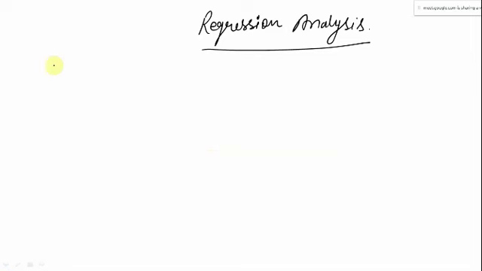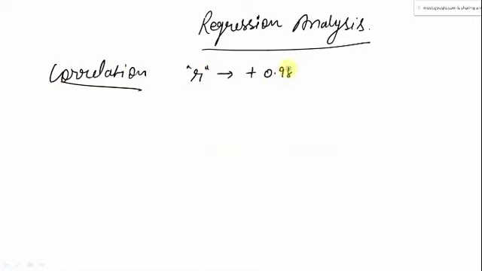See what happens in correlation. What we have done in correlation is find out the value of a correlation coefficient. Let's suppose it is positive 0.98. Based on this, we have said that between x and y there is a positive dependence. Positive dependence in the sense that if x increases, y also increases. If x decreases, y also decreases.